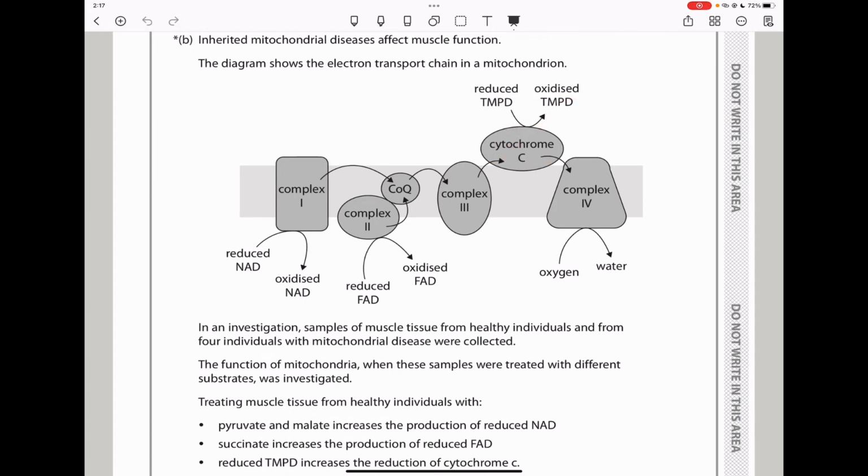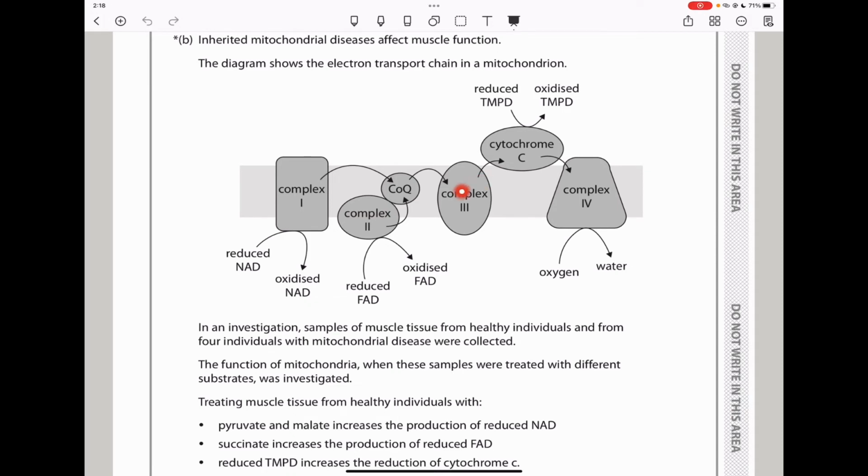So in this case, we can see that these carrier molecules, reduced NAD, reduced FAD, and reduced TMPD, are going to reduce the complexes within the electron transport chain. Another thing we have to observe is this pathway here: complex 1 directly links to CoQ, not to complex 2. So if there is a blockage in complex 2, the electron transport chain can still function. If there is a blockage in complex 1, reduced FAD can still come and reduce complex 2, and the electron transport chain can still function.